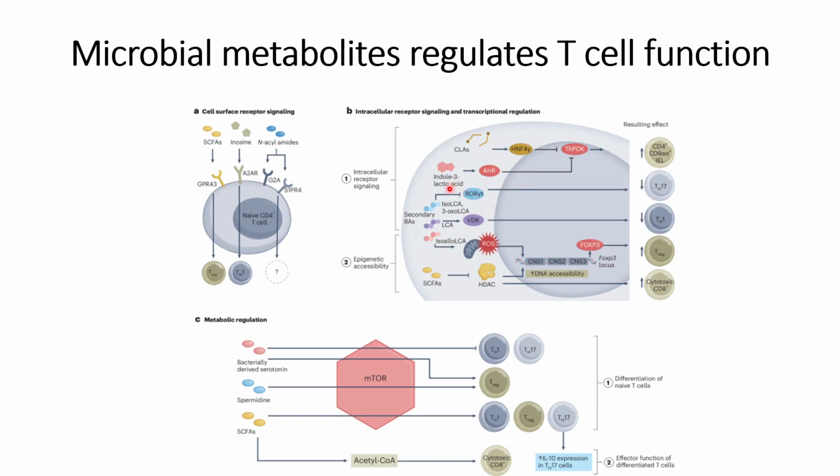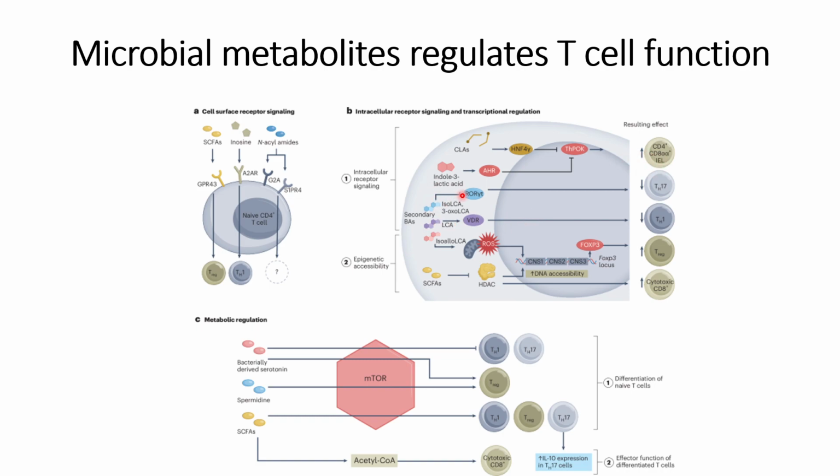For example, indole 3 lactic acid can interact with AHR to inhibit ThPOK, and this might cause the upregulation of the CD8 plus alpha alpha cells, and it will also lead to the secretion of cytokines such as IEL. I'm not able to recall what this IEL means. You can refer to the paper to understand these things better.